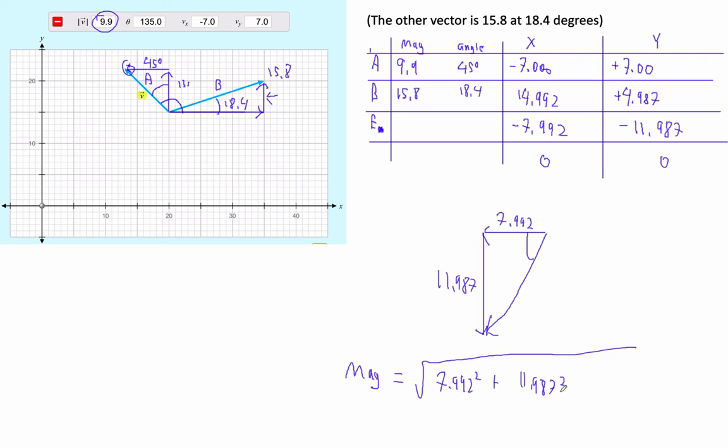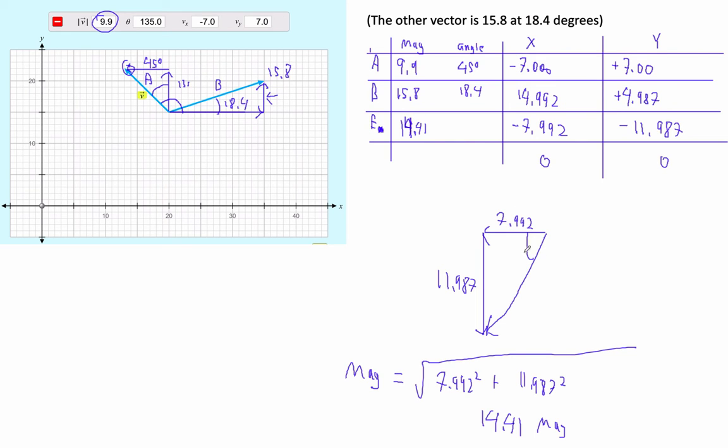So I'm going to grab that guy, boom, squared plus boom, squared. And I'm getting 14.41. Okay, 14.41 is my magnitude, right? Whatever these units are, right? So 14.41.